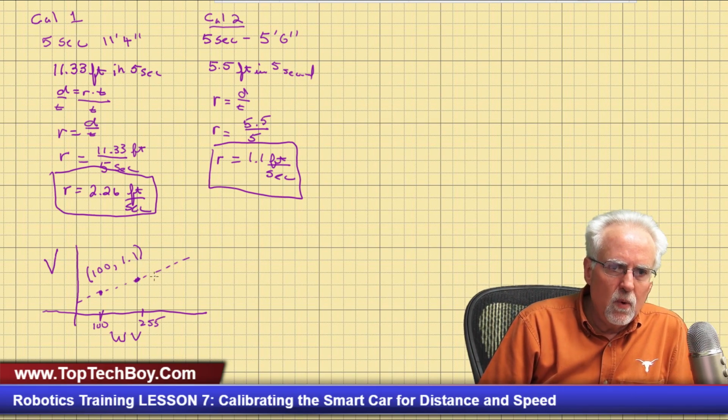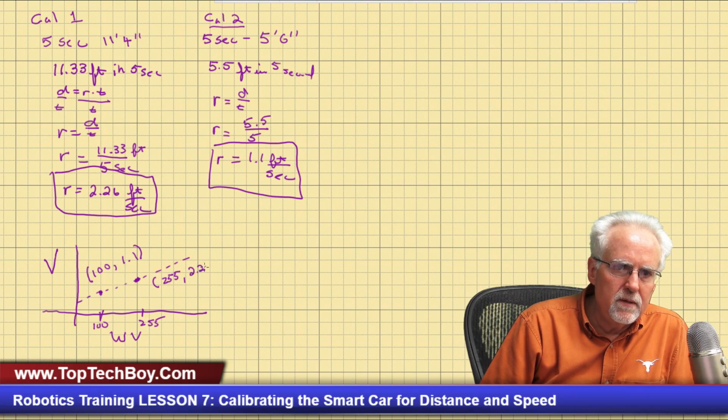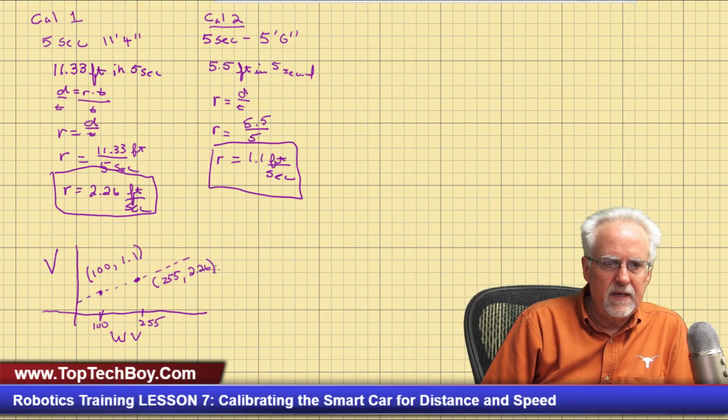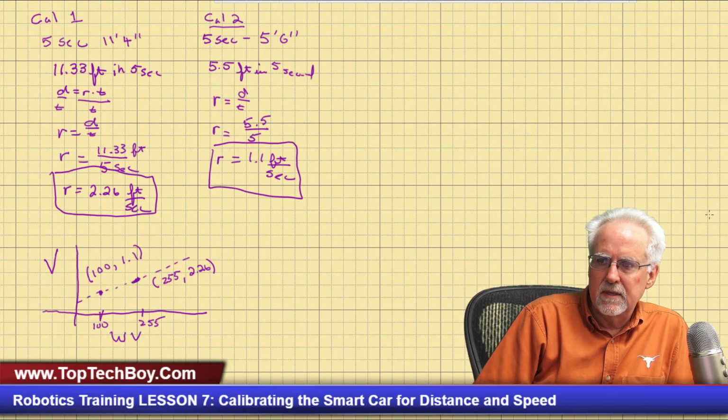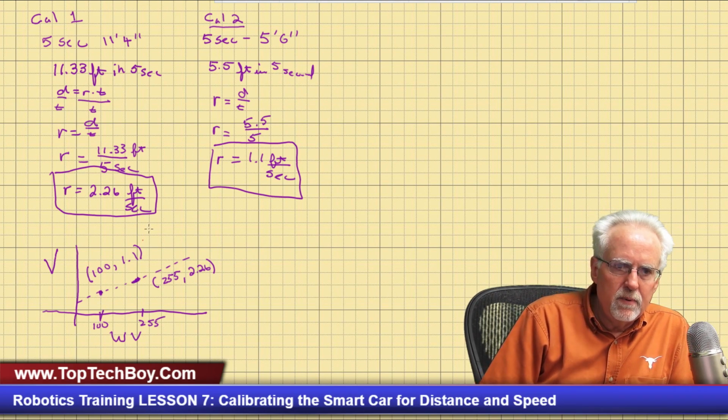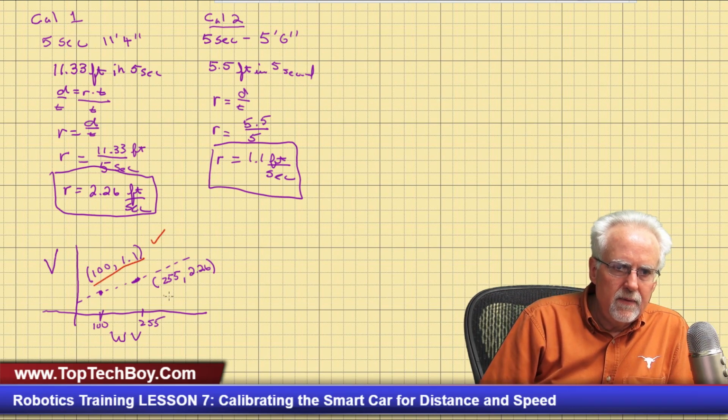Now this point, if I apply a right value of 255, then I end up going 2.26 feet per second. Now I have 2 points, and those are very important. This is point 1 and this is point 2.